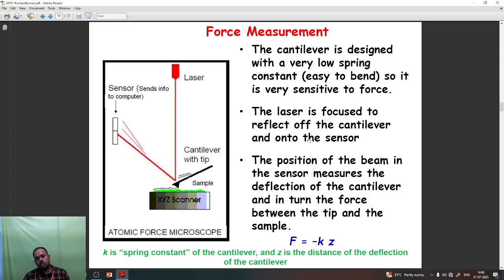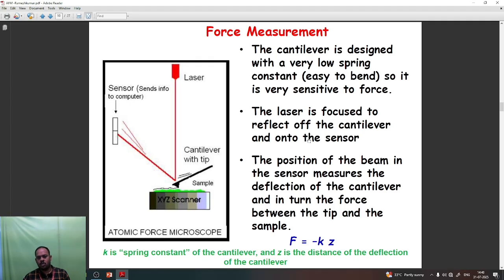So how is force measured? What kind of force is there between the cantilever tip and the sample surface? This is a van der Waals force of interaction. It may be either an attractive force or a repulsive force.